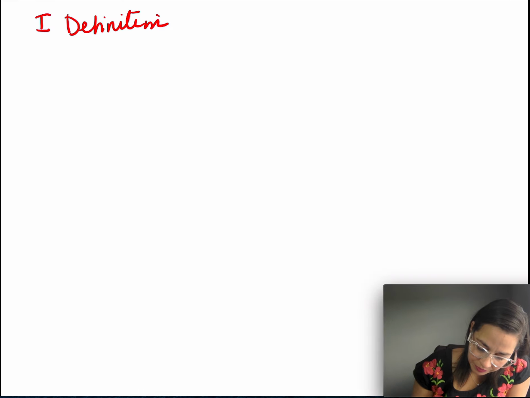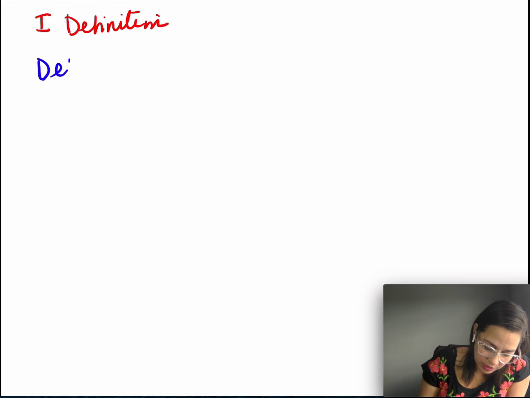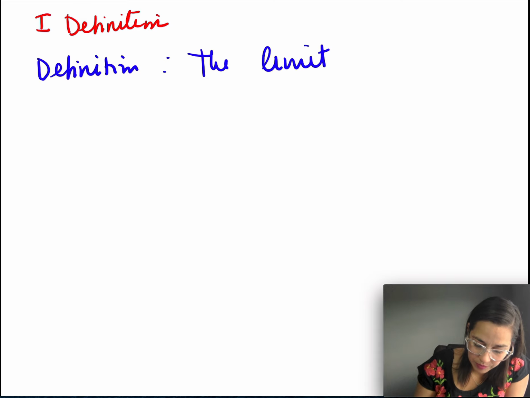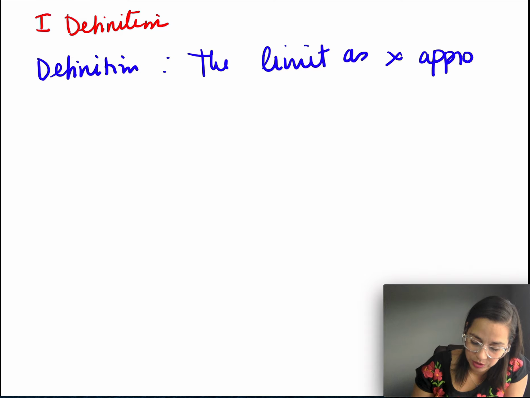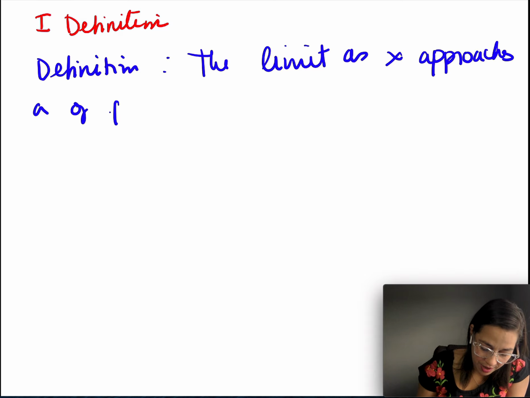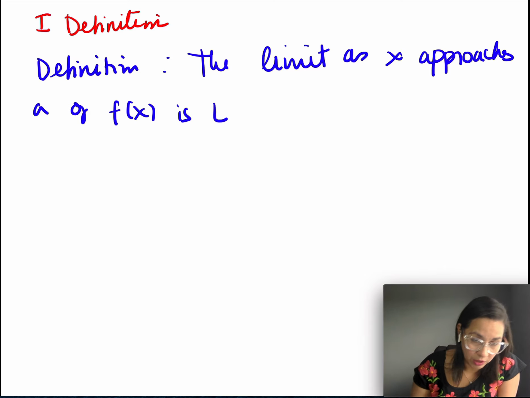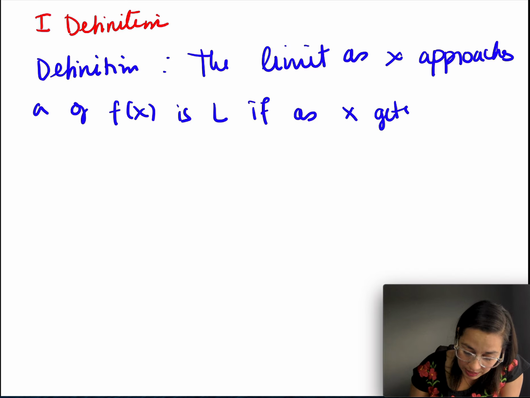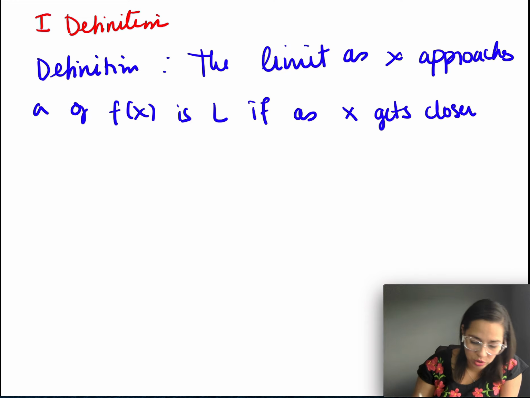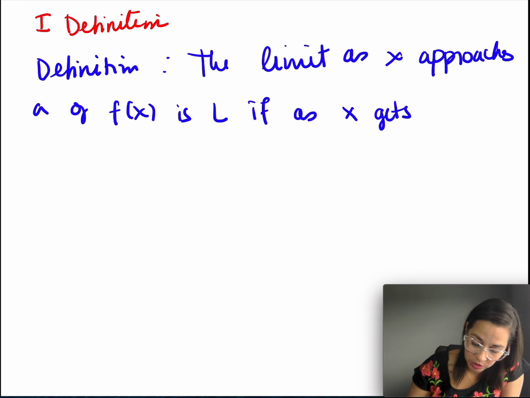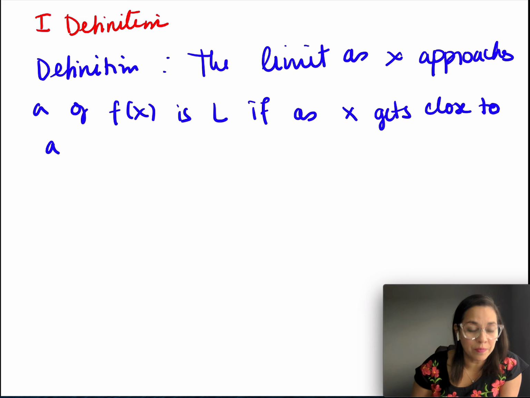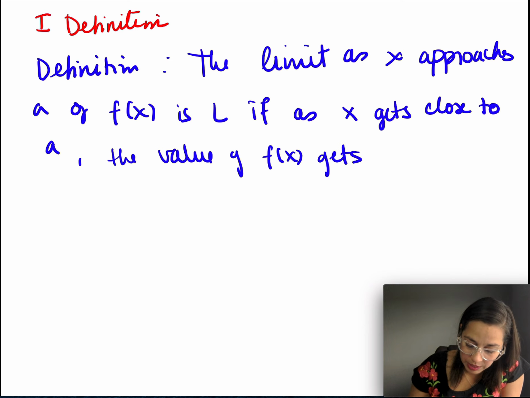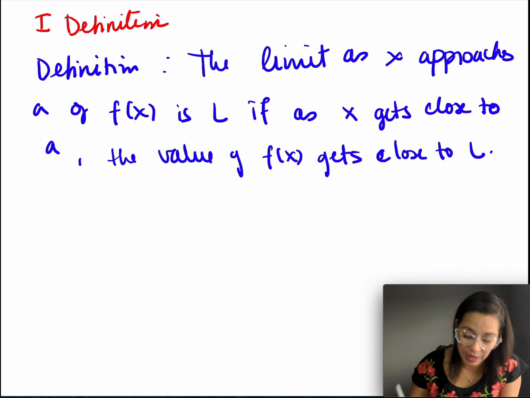Definition. The limit as x approaches a of f of x is L if, as x gets closer and closer and closer, so as x gets close to a, the value of f of x gets close to L. Okay, that's it.